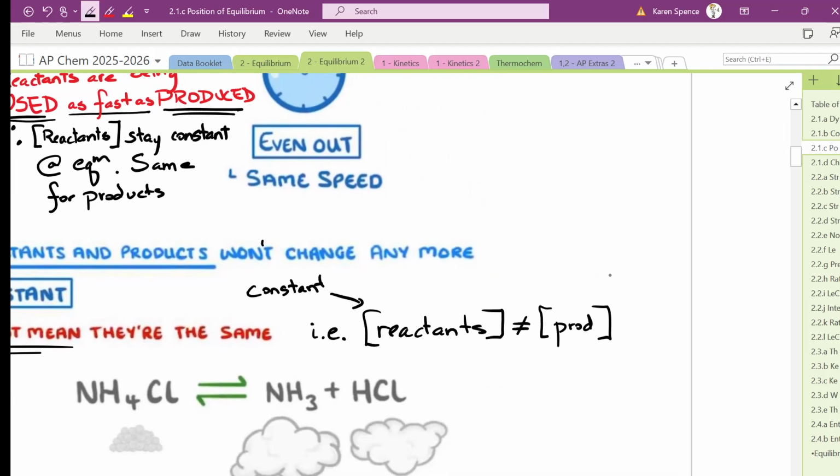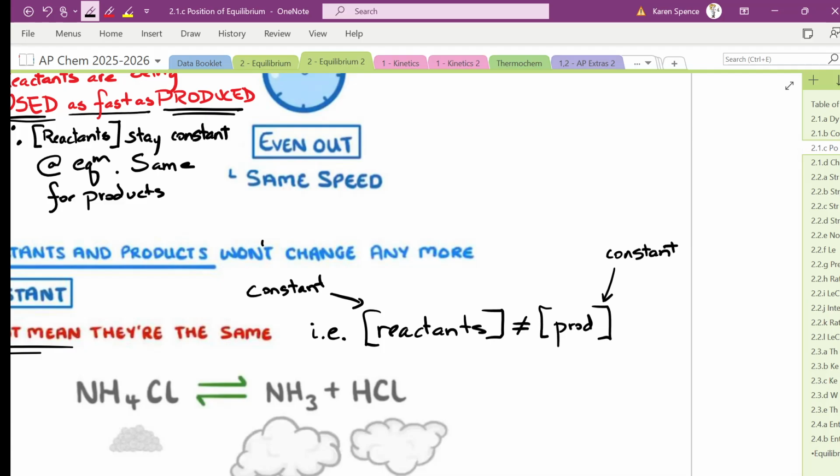No, constant means they are unchanging. So if the reactants are at 1 molar, they stay at 1 molar. The products could be at 2 molar and they stay at 2 molar. Yes.